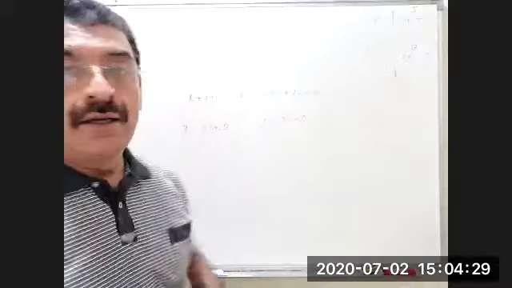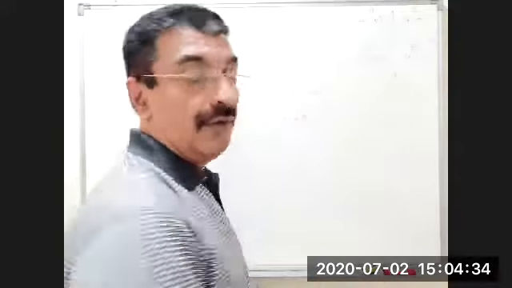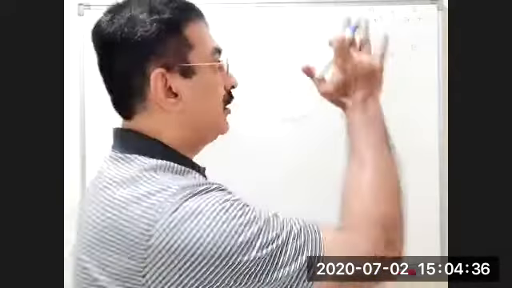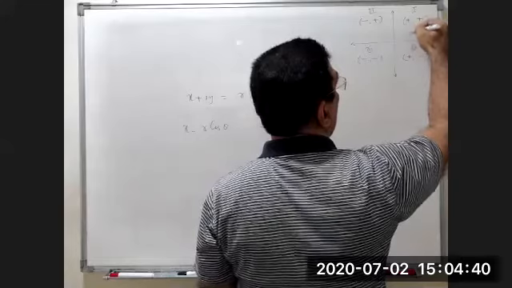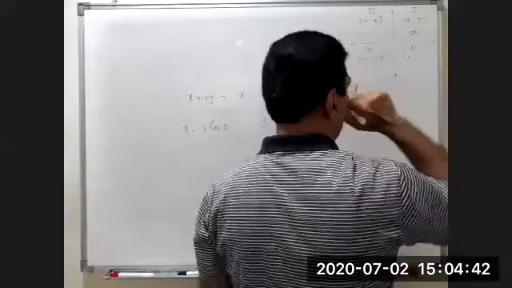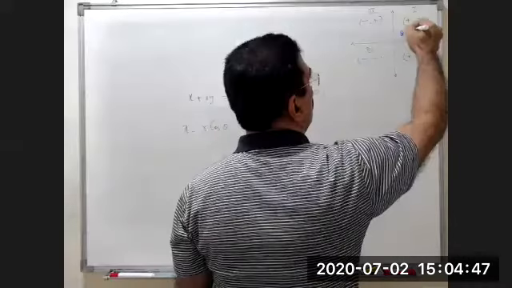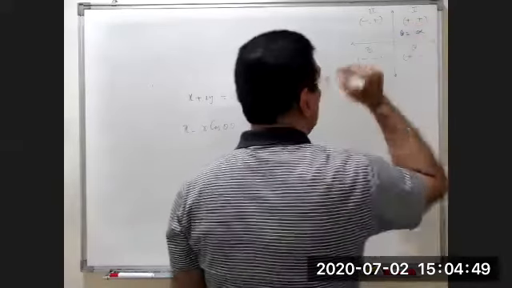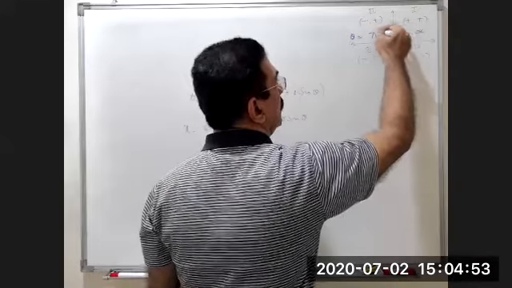Then, for writing theta, in quadrant 1 we find alpha. If our principal value is in quadrant 1, theta is equal to alpha. In quadrant 2, theta will be pi minus alpha.